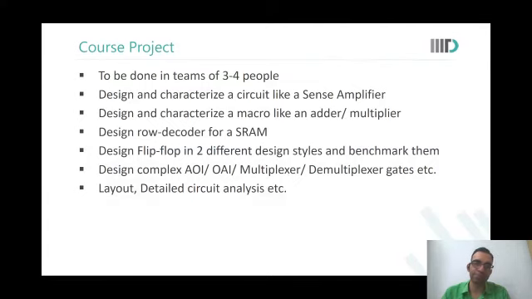So sir, their layout and design will be different compared to the complex gates? Yes. When we are talking about designing a row decoder or macros like adders, multipliers, and sense amplifiers, you do not follow the standard cell template, because these are macros. They are not going to be tiled in a standard manner, where you can tile anything anywhere.